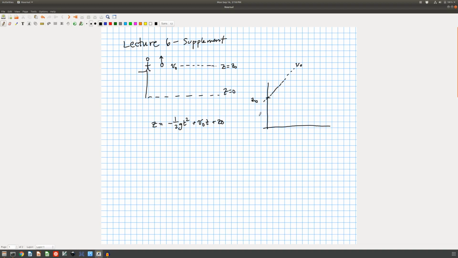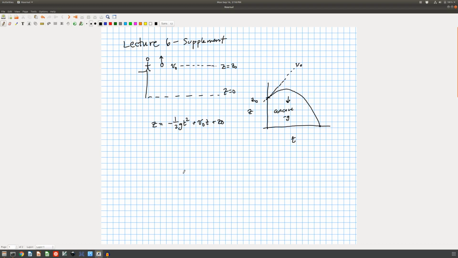Initially the path of my ball looks like that, and then gravity takes over and it hits the ground. This axis down here is time, this axis here is z, and the concavity, concave down, is minus g. So that's what the position of the ball would look like as a function of time. The ball goes up, the ball comes down. That's all basic physics.